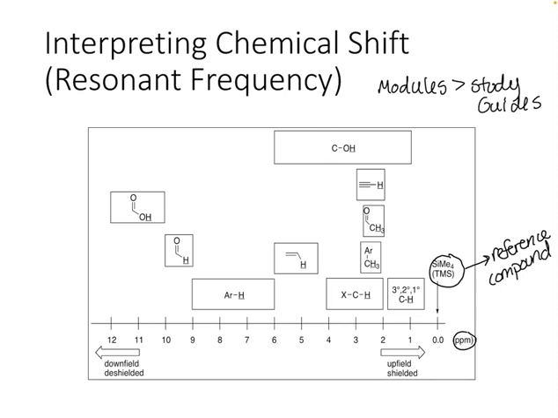Now, you'll also notice that the lower values here are referred to as upfield. So if a peak is upfield, that means it has a lower value. And if something is downfield, in the opposite direction, that means it has a higher value.